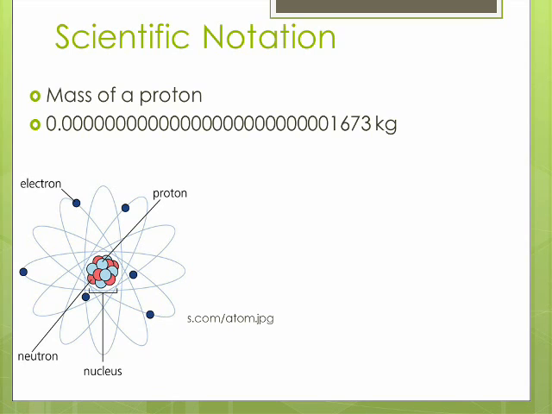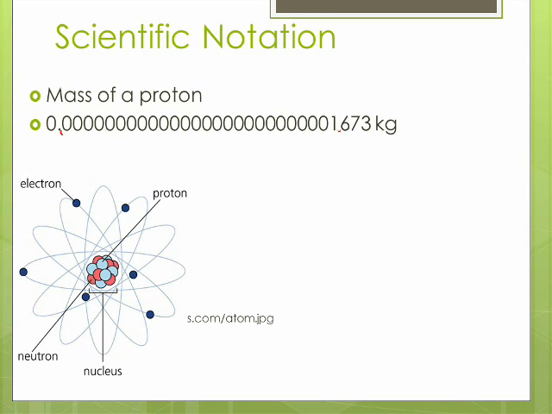How do we put this in scientific notation? Well, we go to the number after the first non-zero, put a decimal point there, and then from the decimal place, we see how much we have to travel to get back to the new decimal place.